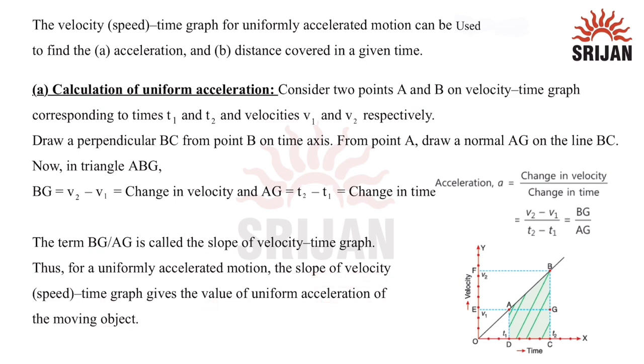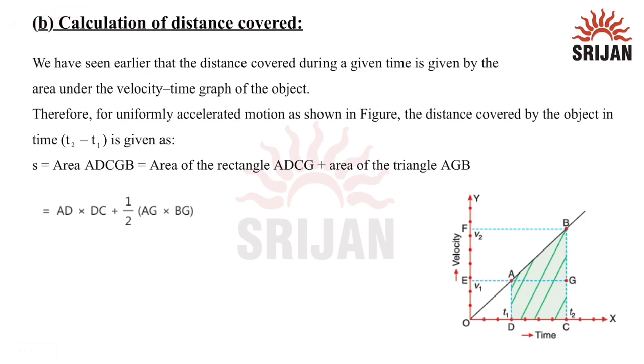Now, to calculate the distance, as we have seen earlier, the distance covered during a given time is given by the area under velocity time graph of the object. Therefore, for uniformly accelerated motion as shown in the figure, the distance covered by the object in time t2 minus t1 is given as the area of ADCGB. Okay, this is a trapezium kind of figure.